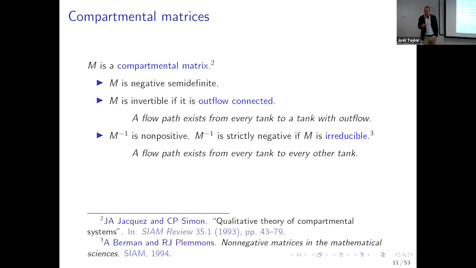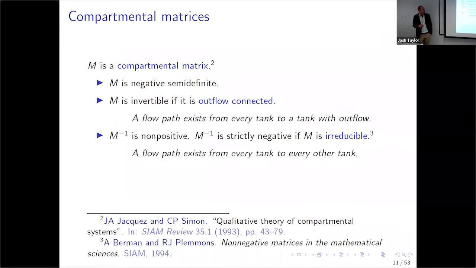So M has some very useful properties. It's what we call a compartmental matrix. So from that, we automatically know that it's negative semi-definite. It's invertible, which is to say negative definite, if it's something called outflow connected. That means that whichever chemostat I start in, there's a path I can follow out of the system.